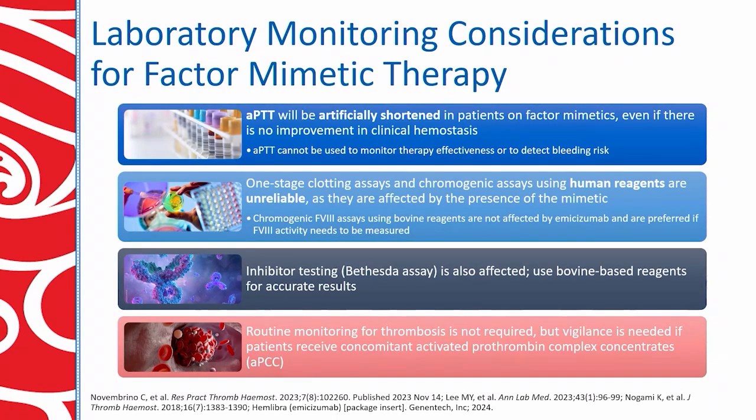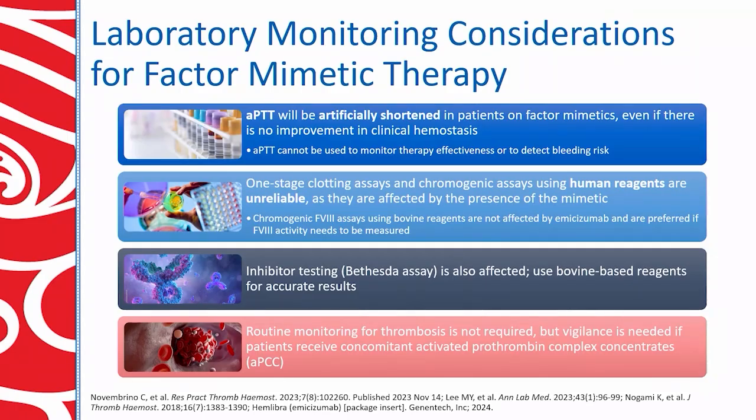If you want to measure endogenous factor activity or the factor that you replace here, then chromogenic assays with bovine reagents are the preferred assays for measuring factor VIII activity. Likewise, inhibitor testing with the Bethesda assay will be affected when patients are on these treatments.